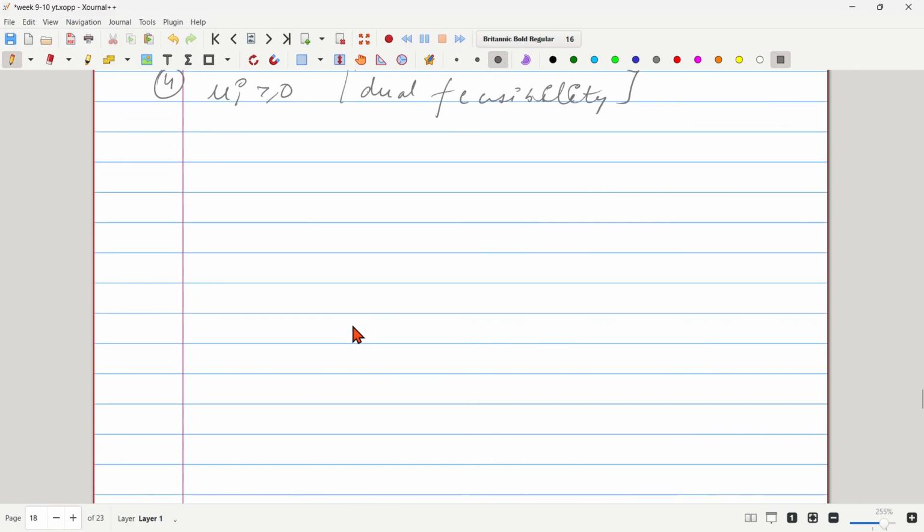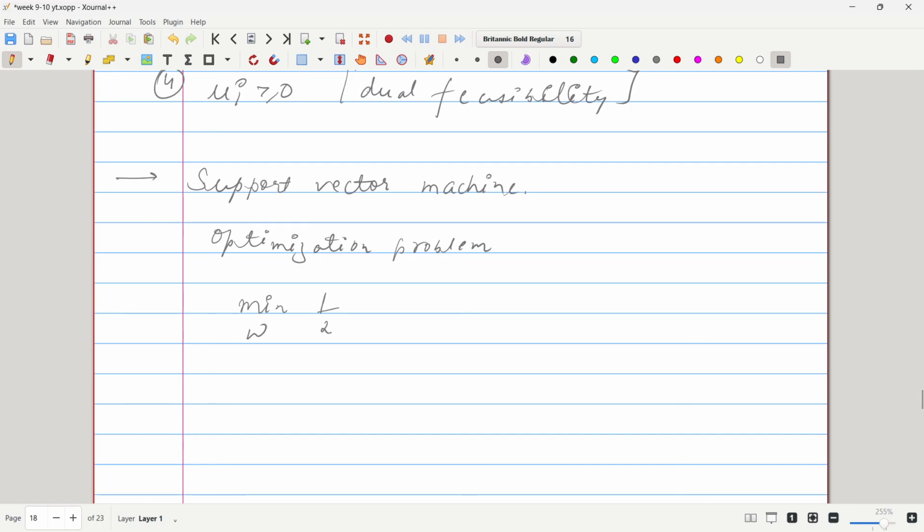Okay. Now there is a small topic known as support vector machine for the optimization problem. You have to minimize over w, one half the norm of w squared.